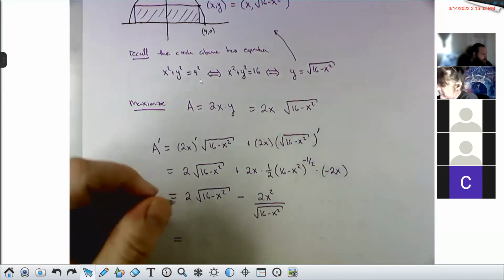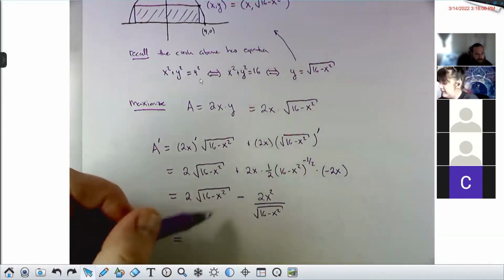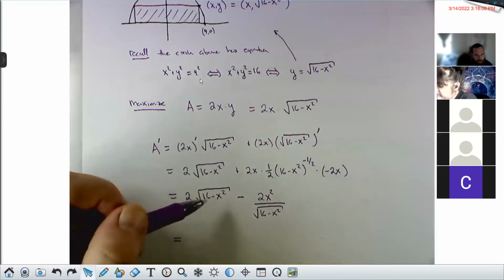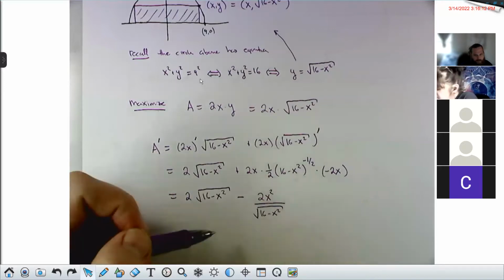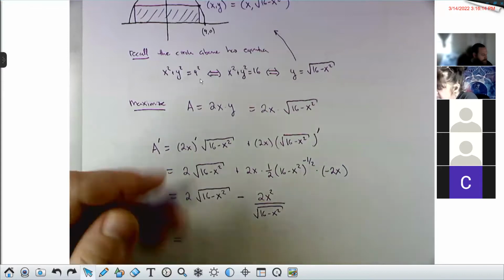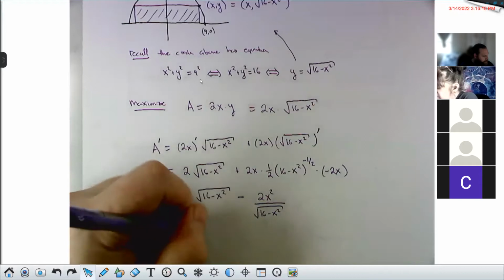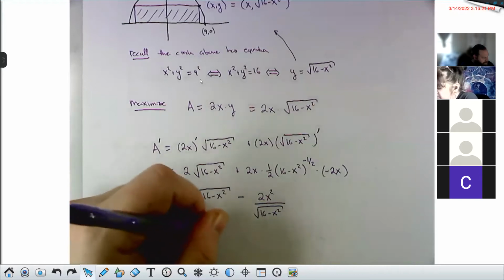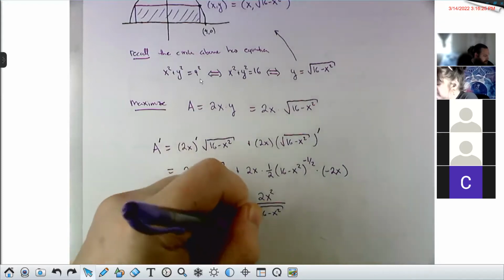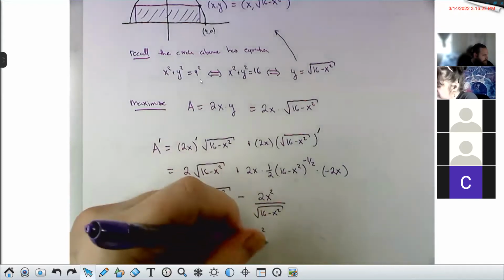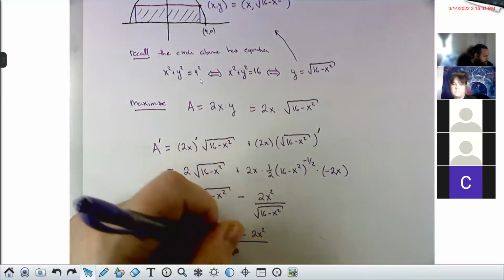Next, we need a common denominator. I can put these together and find my critical numbers. So I multiply by the square root, right? This square root down here, root 16 minus x squared, is my denominator. If I multiply this first piece by that square root over that square root, I get 2 times 16 minus x squared minus 2x squared, all over the square root of 16 minus x squared.